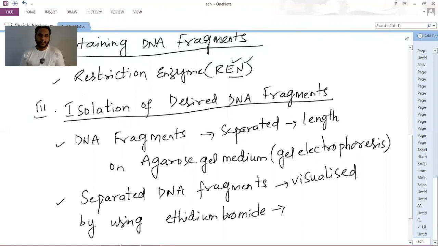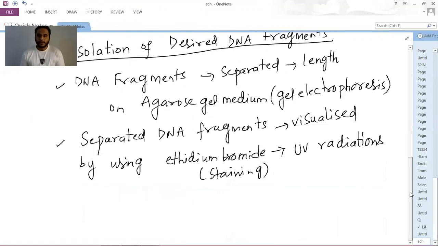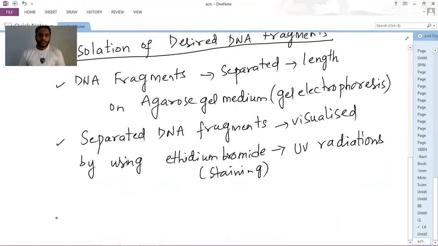First we stain them with ethidium bromide, then visualize them by using UV radiation. So finally, the DNA fragments are clearly visible now.